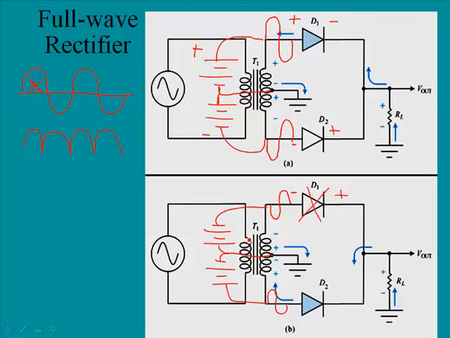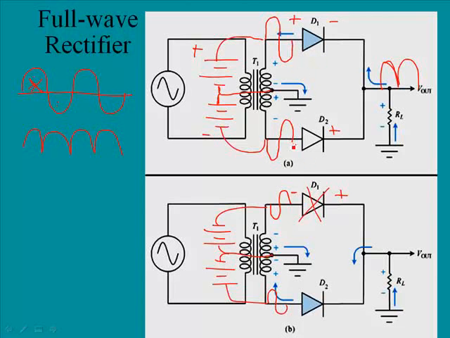Well, what's the end result? On this one, we had the positive cycle forward biasing this diode, and then on the negative part of the cycle, the lower diode was forward biased, and so we had another half wave. So this is constantly switching on every wave. The diodes switch.